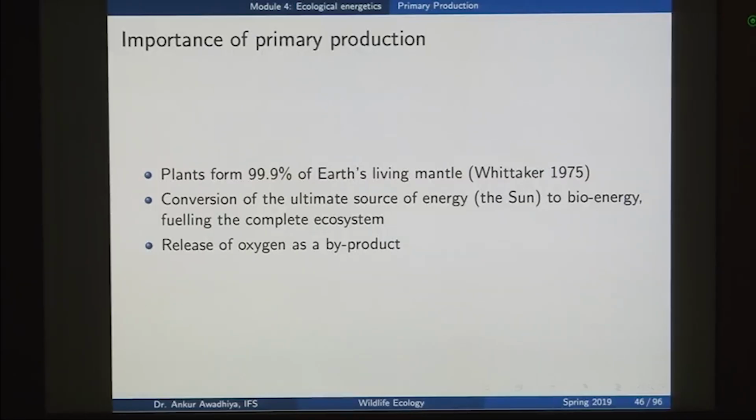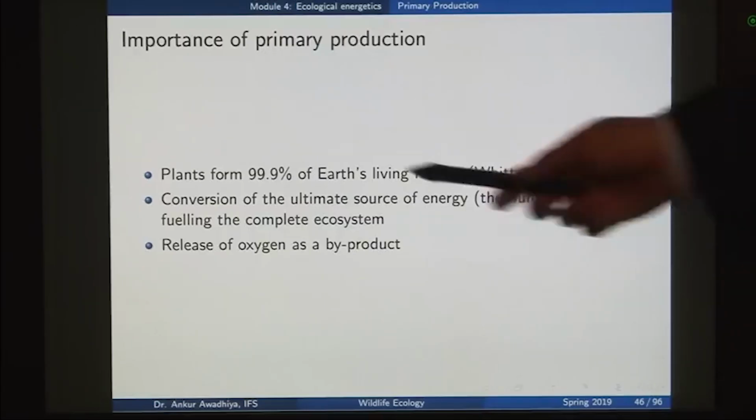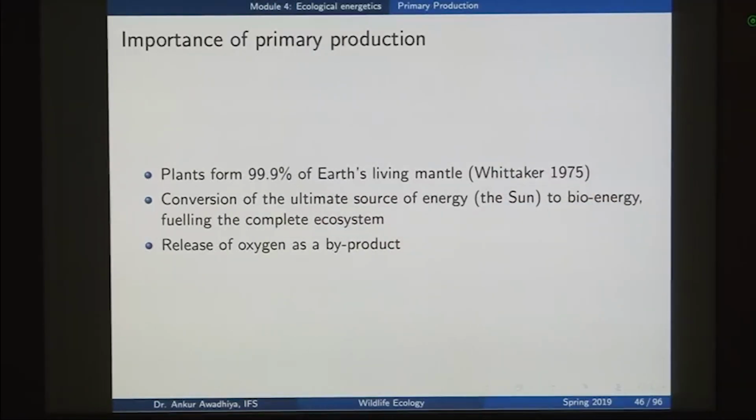Because they form a very major portion of the ecosystem, it becomes extremely important to know about them. This is also evident if we go to any of our forested areas. If you visit any forest, you will see so many trees around, but so few animals, which makes this ratio of 99.9%.